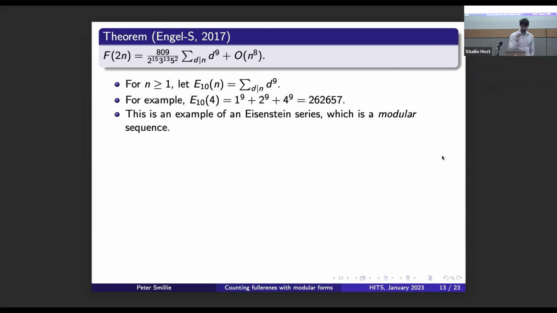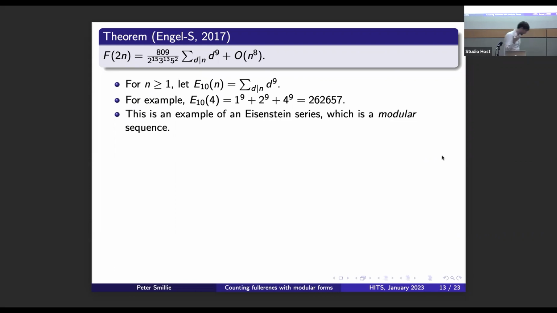Actually, I wanted to say one more thing about these two constants, looking at the previous line. One thing I want you to take from this calculation of E10 of 4 is that E10 of 4 is actually very close to 4 to the 9th power. Whenever you take a divisor of n, it's at most n over 2, and the 9th powers really exaggerate the difference there.